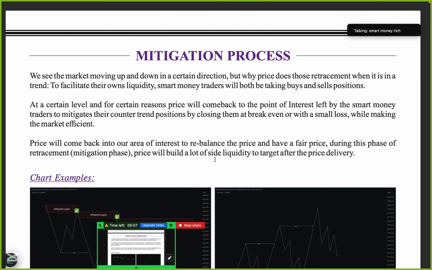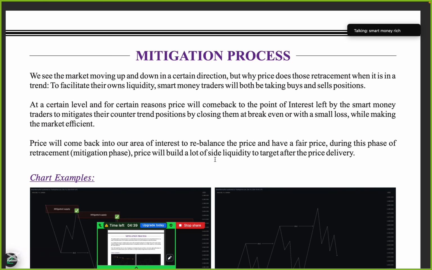Smart money traders will both be taking buy and sell positions at a certain level, and for certain reasons price will come back to the points of interest that were left behind by the smart money traders to mitigate their counter trend positions by closing them at break even or with a small loss while making the market efficient.